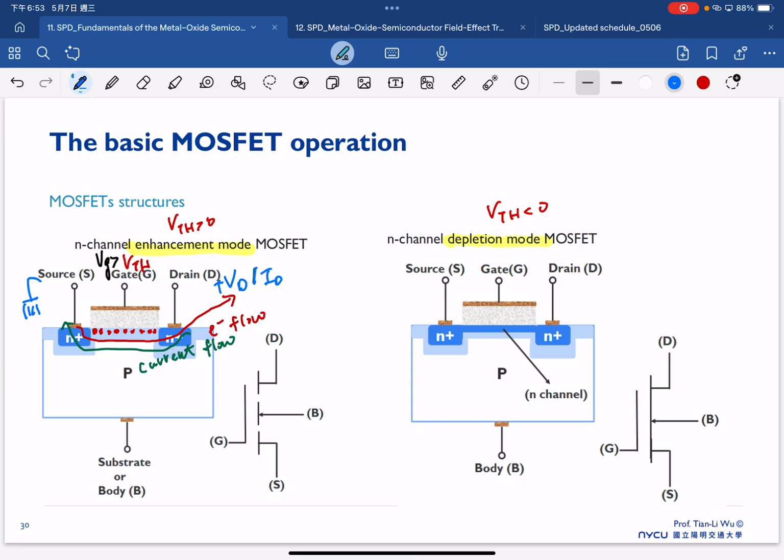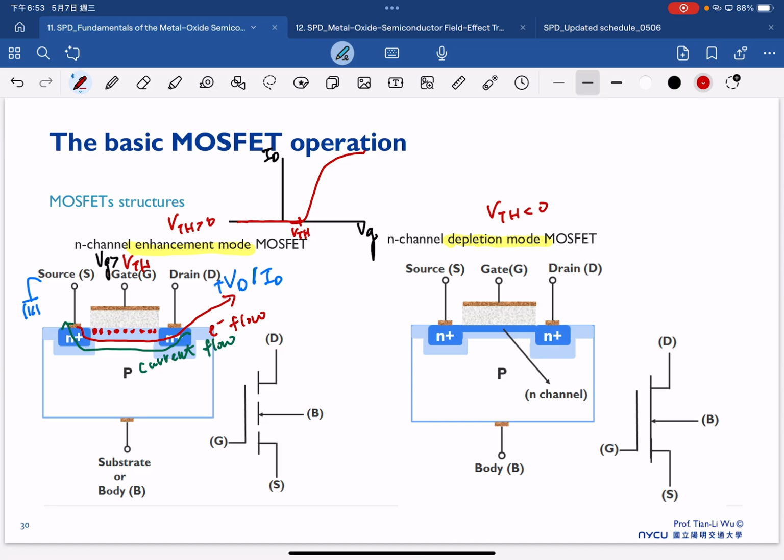In this case, if you try to plot the ID-VG curve, because our threshold voltage is larger than 0, if we sweep the VG from small to large until the VG is larger than VTH, we can start to see the drain current.